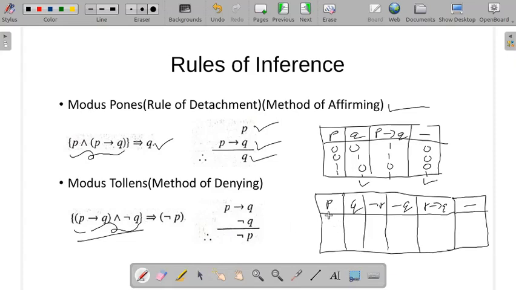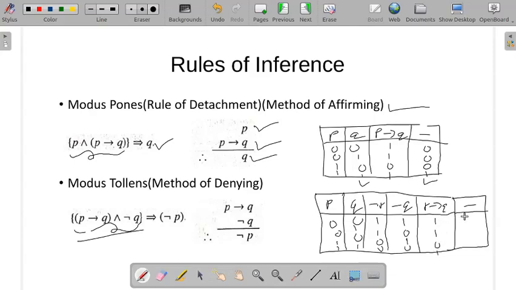So let's write here 0 1 1 0 1 1. So negation of P, whenever P is 0, it becomes 1, so 1 1 0 0. Negation Q is 1 0 1 0. So P conditional Q is 1 1 0 1.